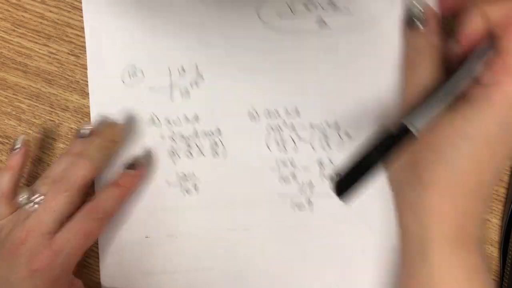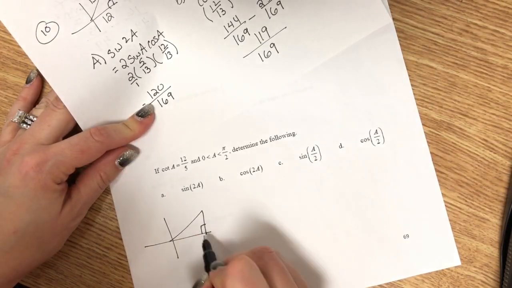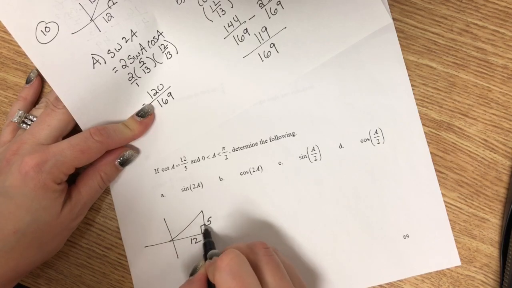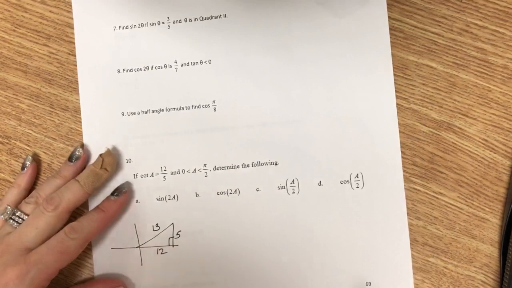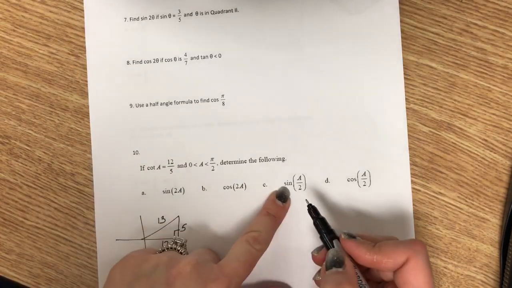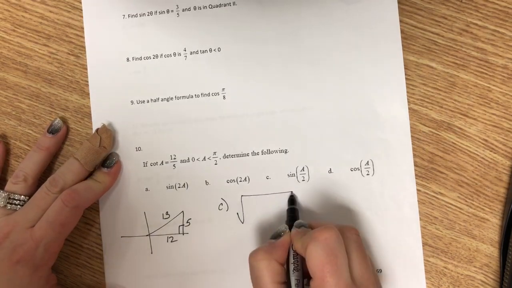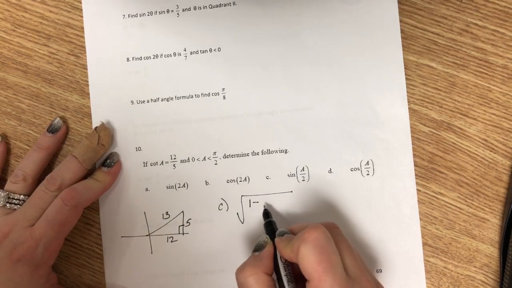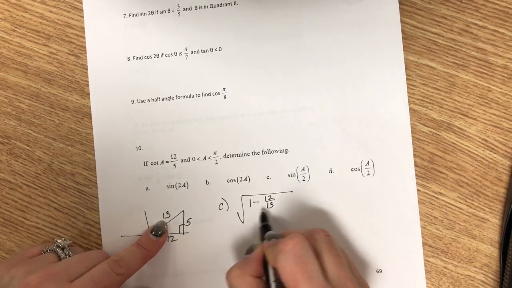Okay, so I'm going to use that same picture for C and D. So alpha, or A over 2 for sine. Now, we're in the first quadrant, and in the first quadrant, sine is positive, so I'm going to use the positive square root. It's 1 minus cosine, which is 12/13, all over 2.